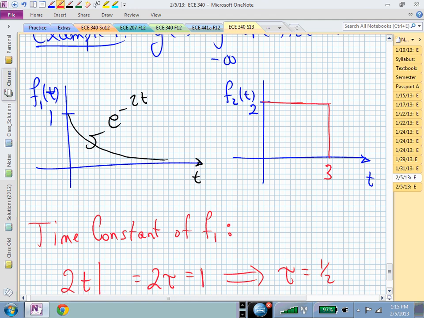Now, I've already given the answer away a little bit, but we need to flip and slide one of these. So I'm going to be saying that a lot. One of these waveforms needs to be flipped and slid. Which of these do we want to, and when I say flip, I mean we want to flip it relative to this vertical line at t equals 0.